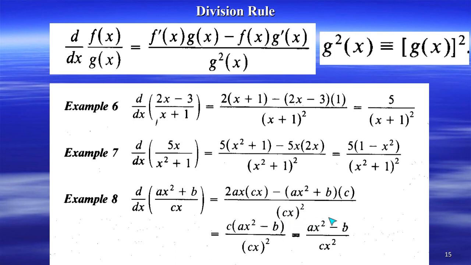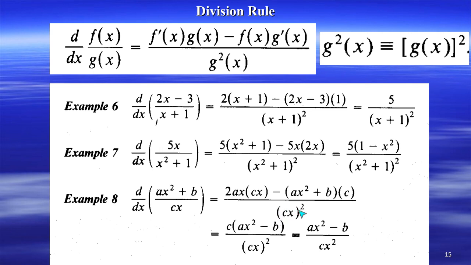All right. So if we develop 2ax times cx, 2acx² minus acx² minus bc. So 2acx² minus acx² is acx² minus bc, and taking c in factor, we obtain c times (ax² − b).